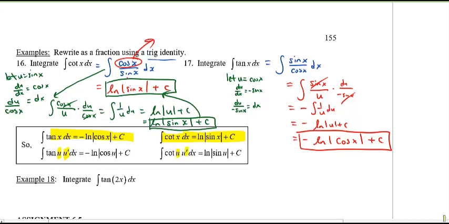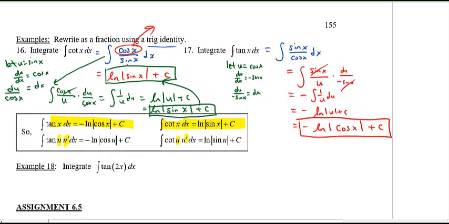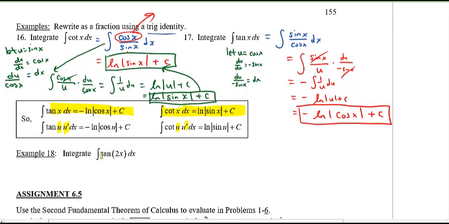So for number 18, instead of using u substitution, I'm going to see if I can relate tangent 2x dx to this here. Notice that my u function is 2x, so I really need a u prime. How can I write in a u prime?